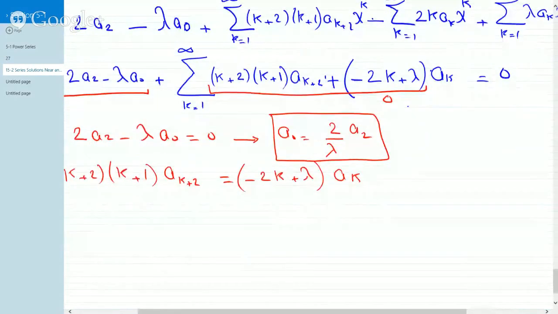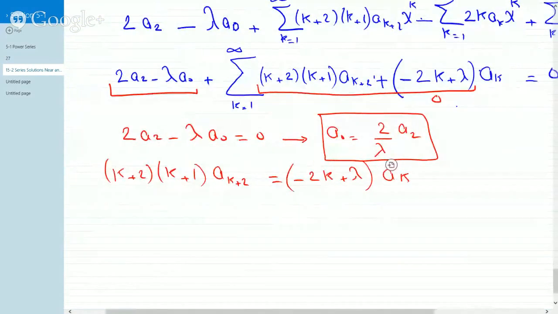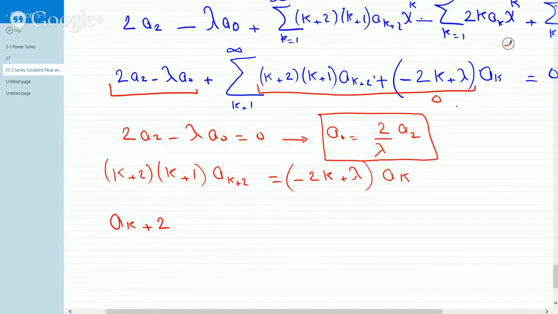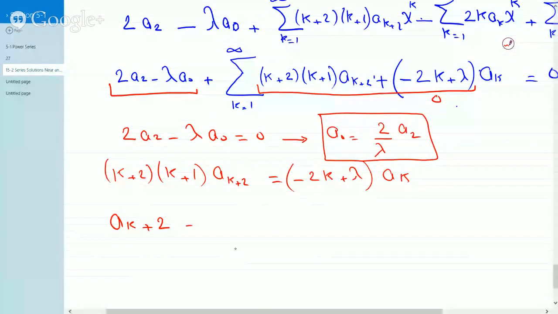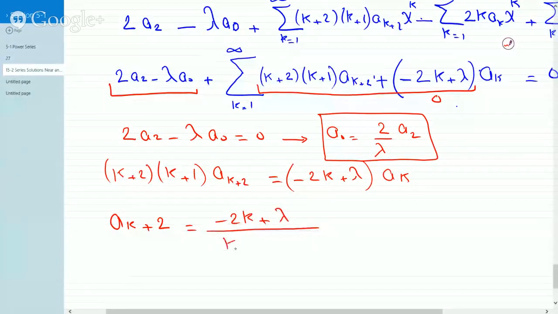Which means what? Which means a of k plus 2 has to equal minus 2k plus lambda over k plus 2 times k plus 1 times a of k.